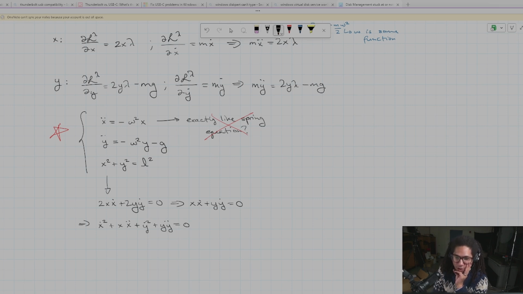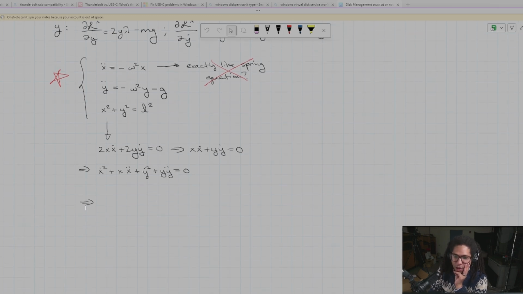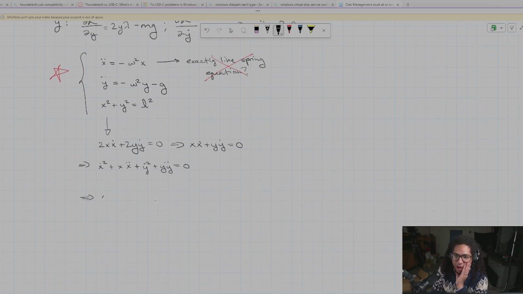Okay, so just showing the implications here. I'll have x dot squared plus, and I guess I should actually change that to minus, omega squared x squared plus y dot squared minus omega squared y squared. And then what do I need to do next?